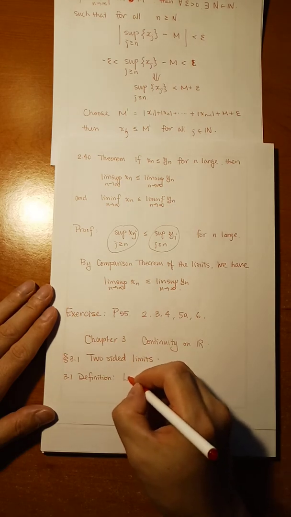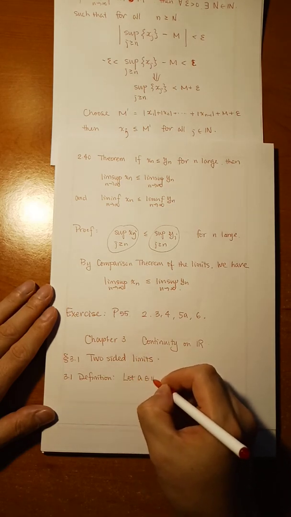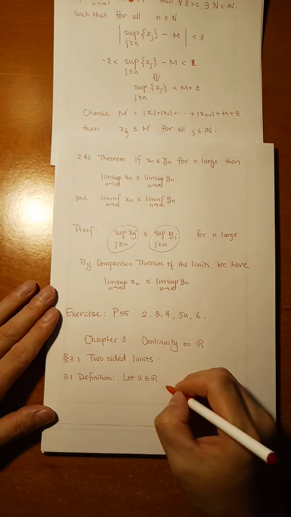Okay, 3.1 definition. Let A be in R, a real number.